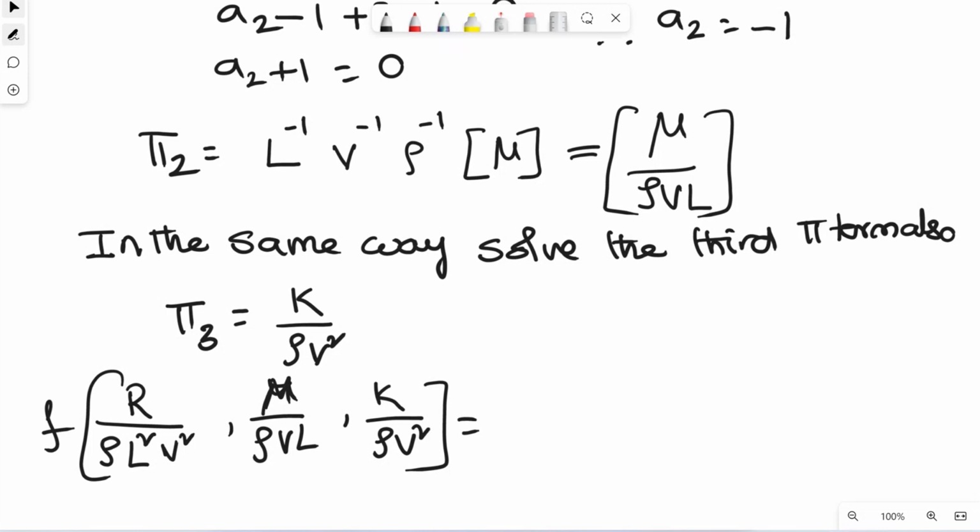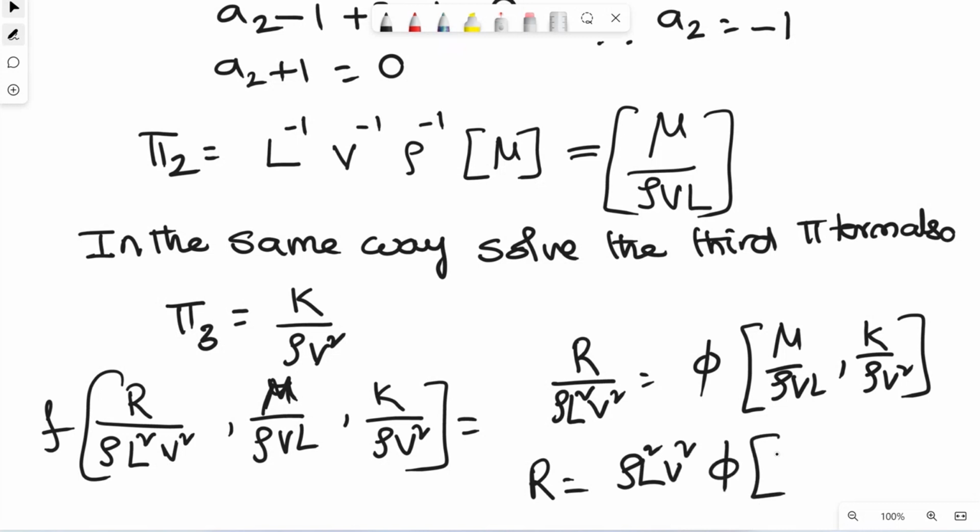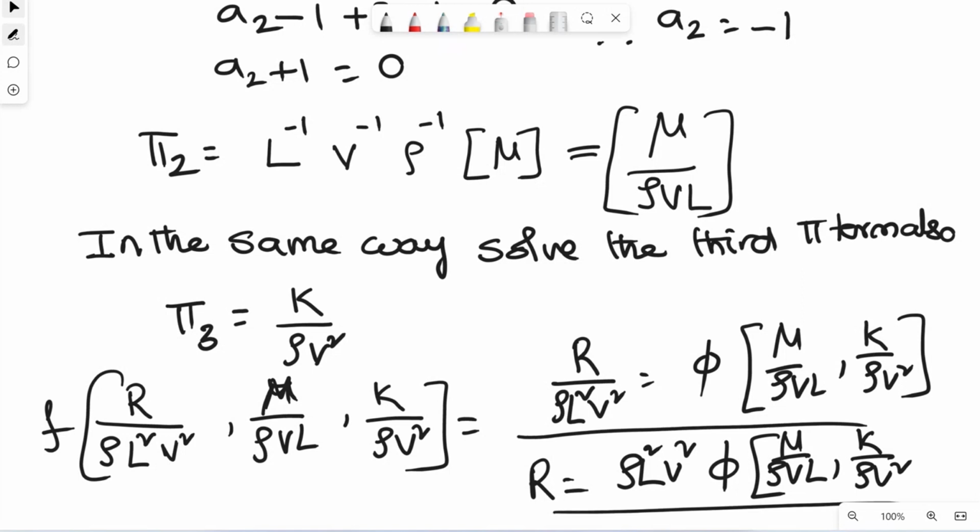Or R by rho L square V square is a function of mu by rho VL and k by rho V square, or R is rho L square V square into a function of mu by rho VL and k by rho V square. This is the problem. So here I stop this lecture and we take up another problem in our next lecture.